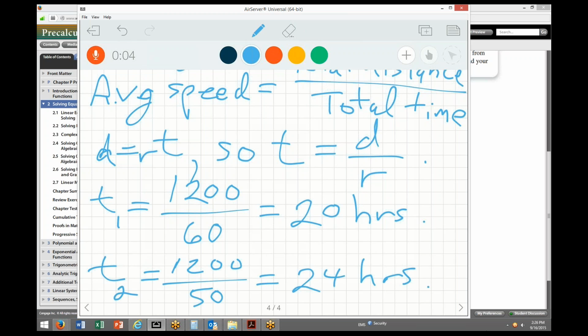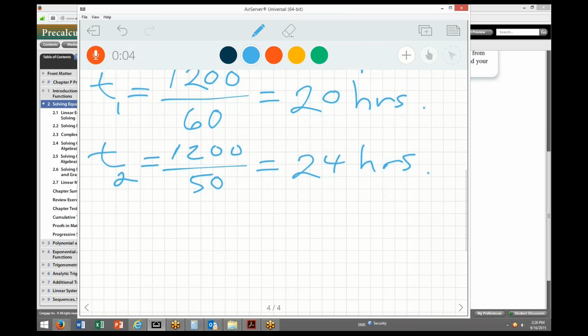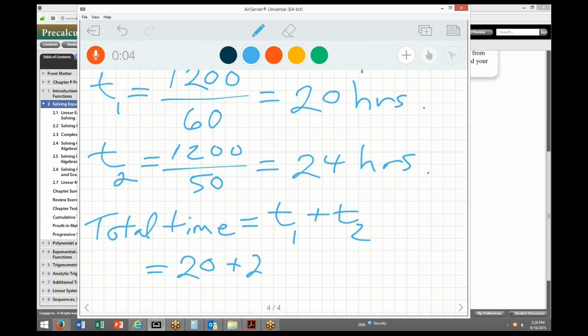So I trust you see that the total time equals T1 plus T2, which equals 20 plus 24. The total time was 44 hours.